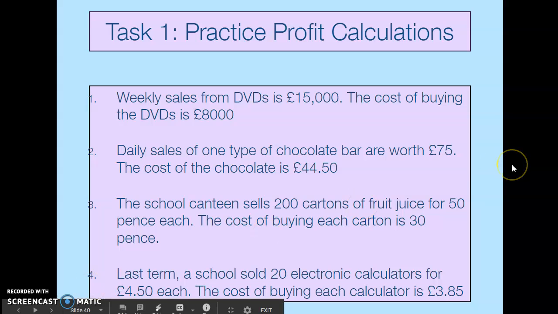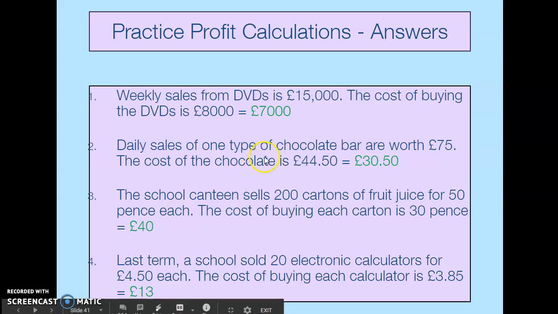Right, this is almost the end of the lesson, so what I'd like you to do is finish off with this task here. Practice profit calculations. Very simple stuff. If you could just stop the video and have a look at questions 1, 2, 3, and 4. Once you've stopped and done that, the answers are here. I'm just going to go through the first two.